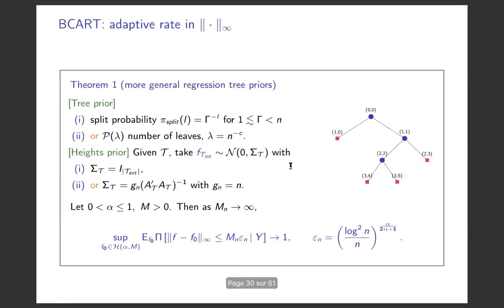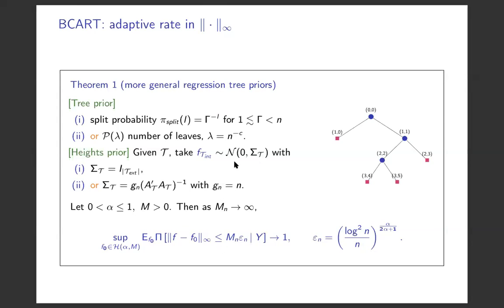All right. So now this slightly more general statement: instead of doing this Galton-Watson process with the split probabilities, you could also just sample a tree at random with a certain number of leaves. For instance, draw at random a number of leaves, and then given this number, draw uniformly among all the trees with this number of leaves.